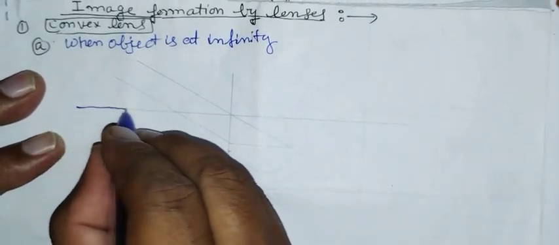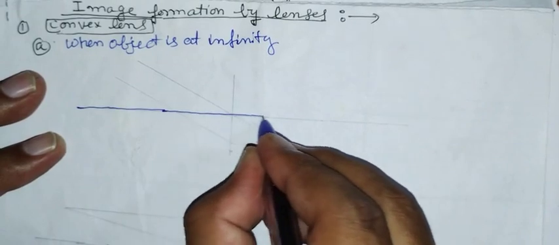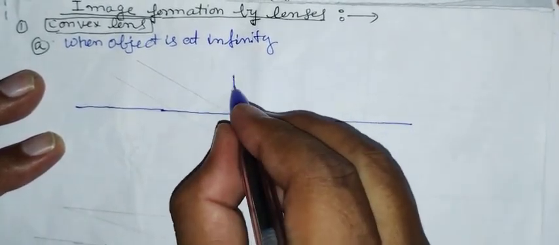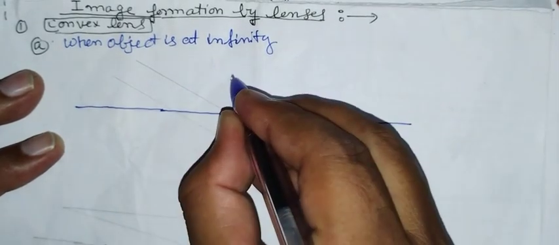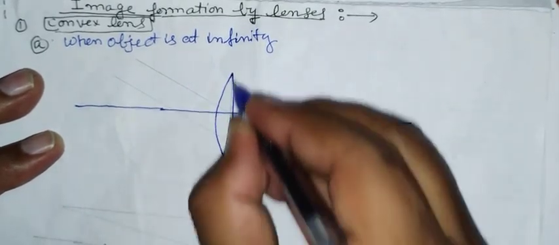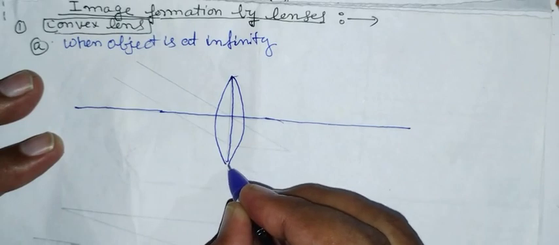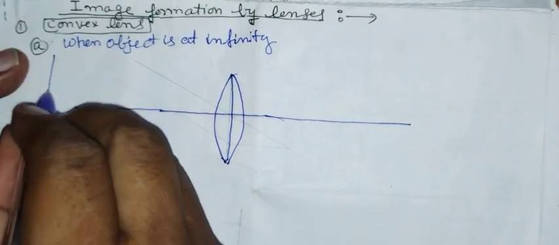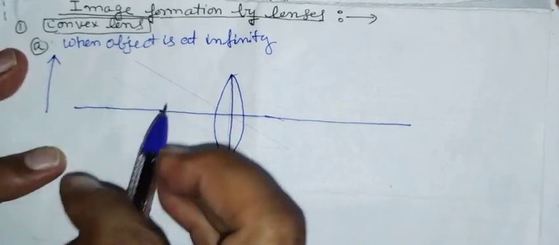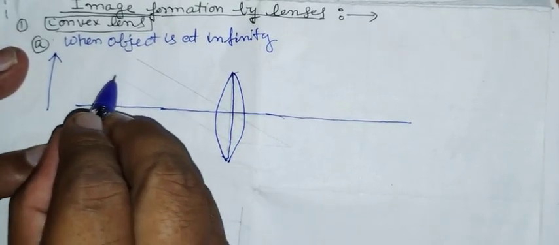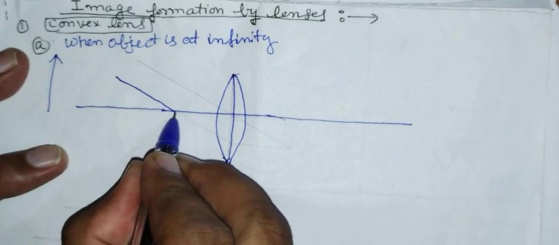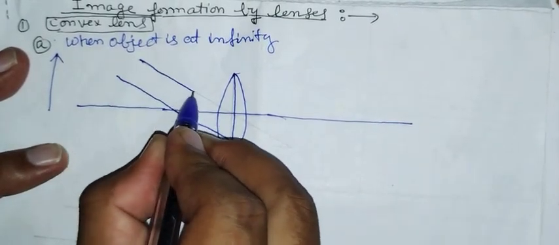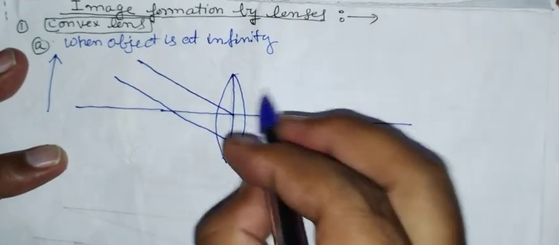In case of this, let us see the diagram. When the object is at infinity, a convex lens is here, right? And let an object be at infinity here. Take a ray of light coming from infinity.